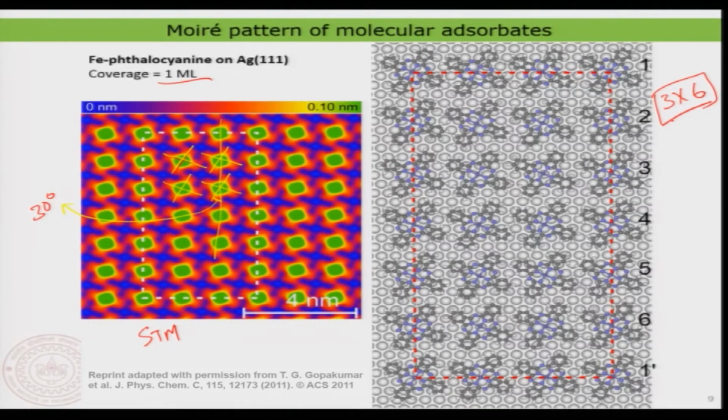Because you would find that this particular molecule is adsorbed at a given site, but when the molecules arrange in the lattice, you can pay attention to the atom at the center, which is moving away from the bridge site, because here the central atom was at the bridge site.